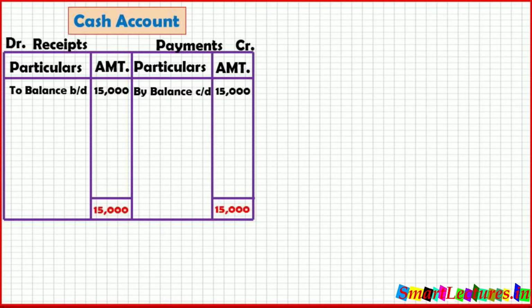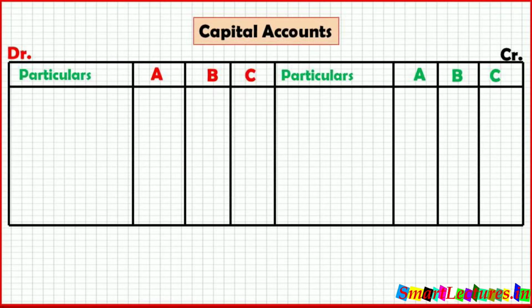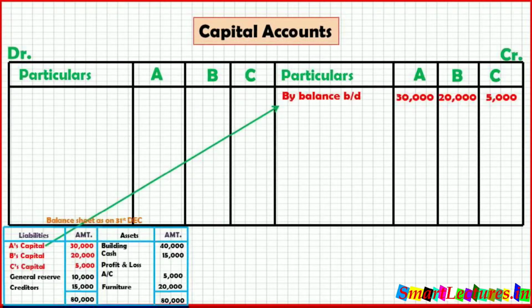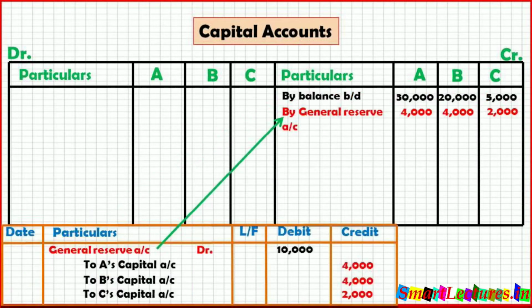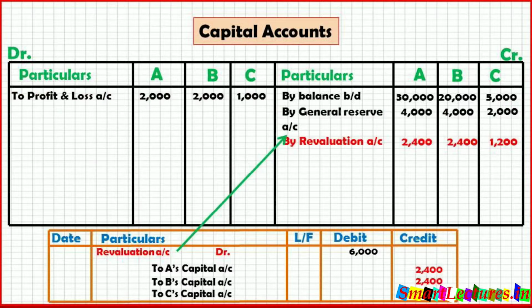Now, this is the turn of capital accounts. So, 3 columns on debit side and 3 columns on credit side. By balance BD 30,000, 20,000, 5,000. By general reserve 4,000, 4,000, 2,000. To profit and loss account 2,000, 2,000, 1,000. By revaluation 2,400, 2,400, 1,200.